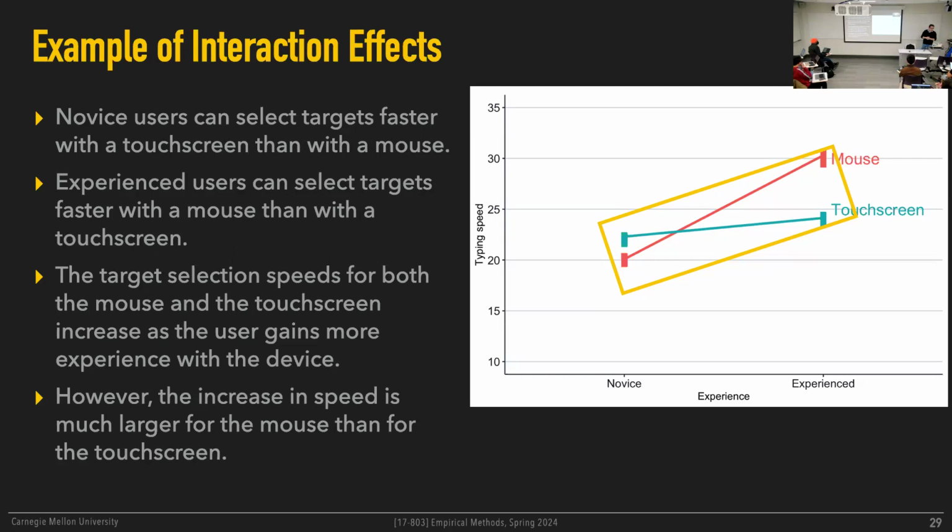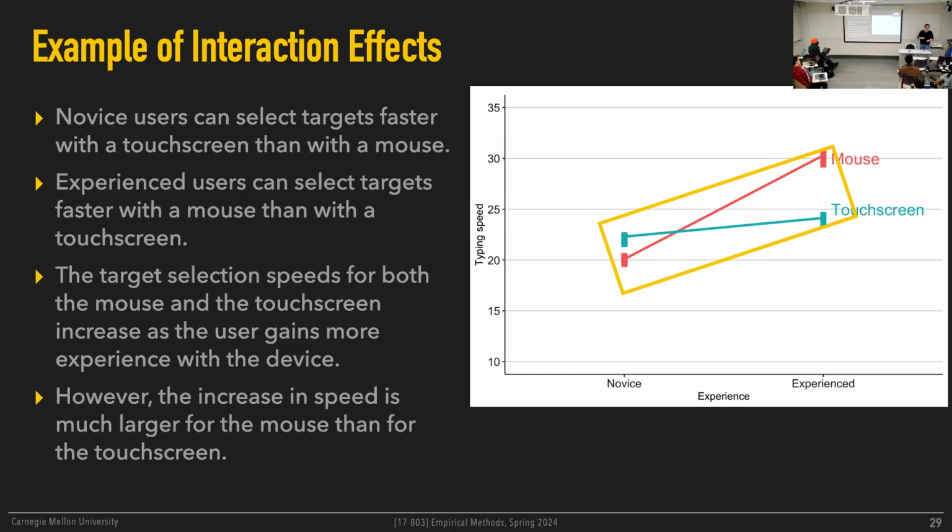The increasing speed is larger for the mouse than for the touch screen. I guess experience. What is experience? Who thinks experience is a mediator? Who thinks experience is a moderator? Who does not have an opinion?